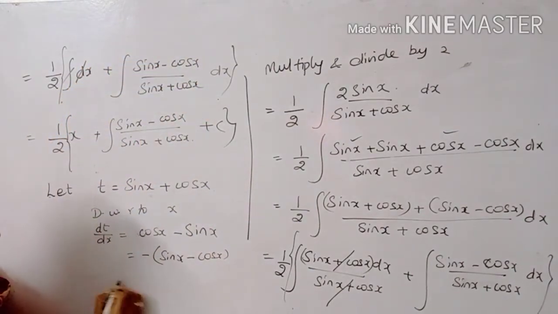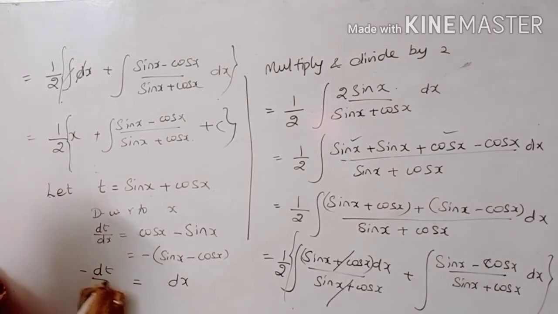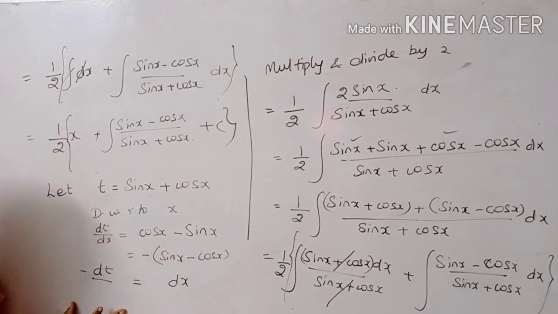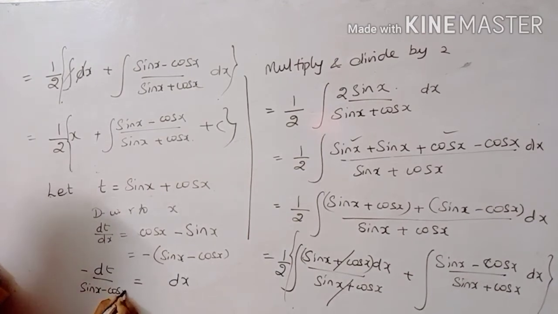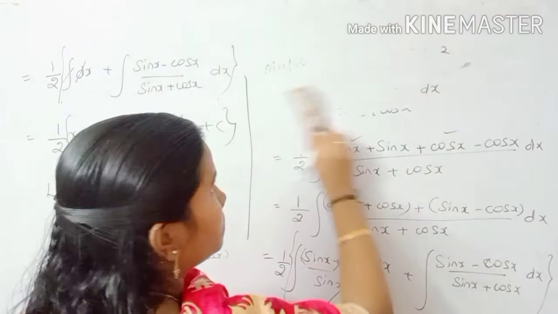So now from this we find out dx. So dx is equal to minus dt divided by this sin x minus cos x comes down. So sin x minus cos x. So now we substitute.